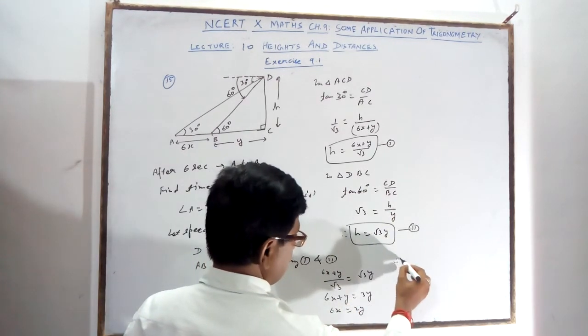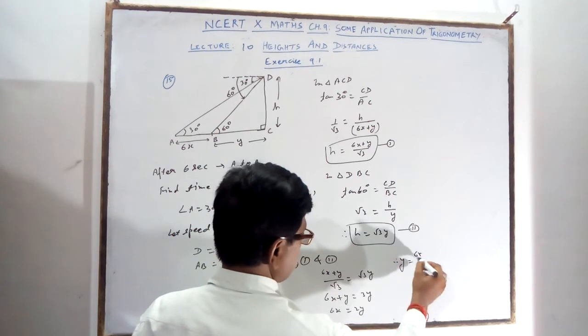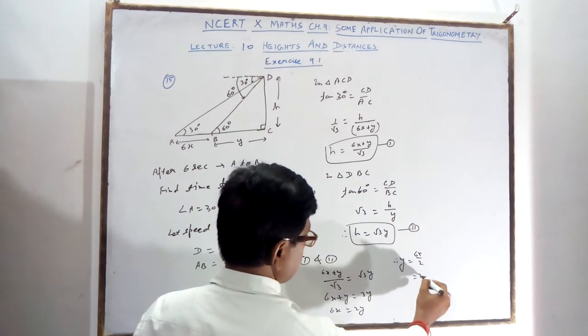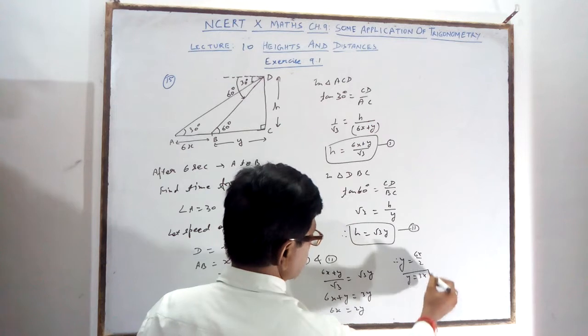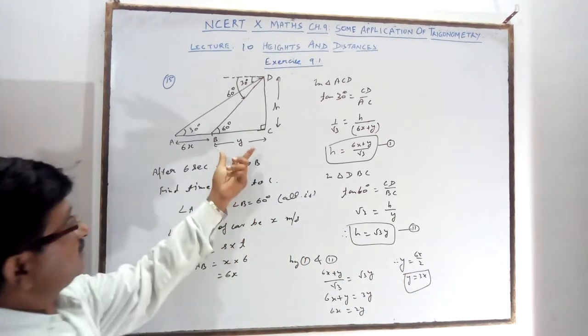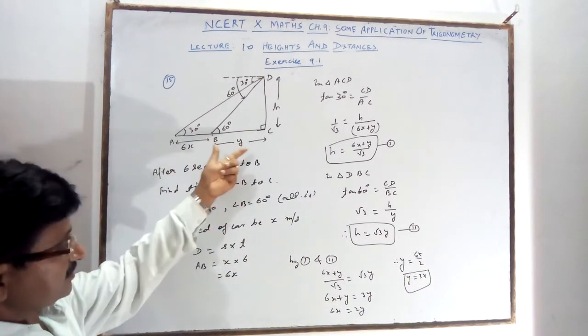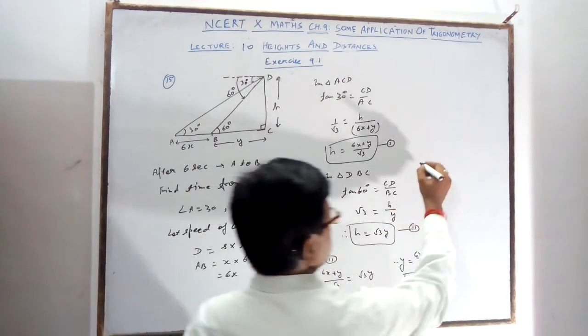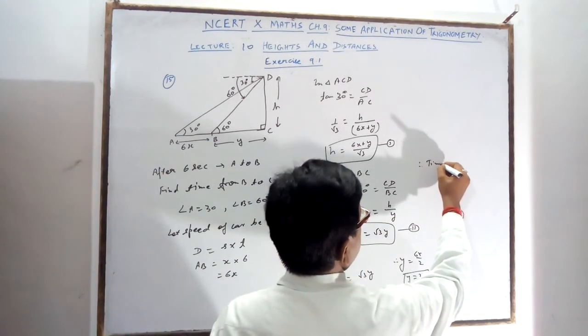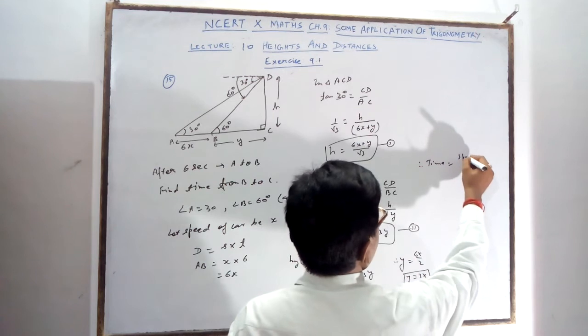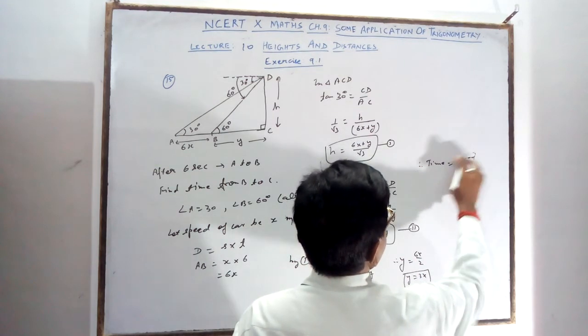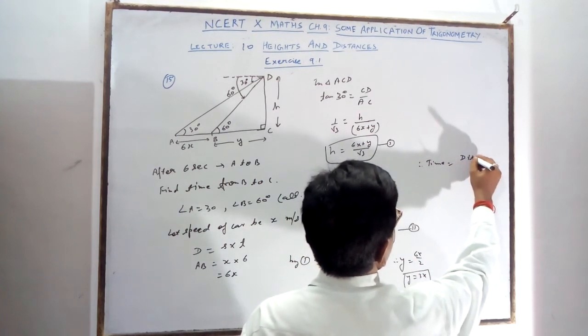So y is equal to 6x by 2, and you get 3x. So what is the distance left in terms of x? It is 3x. So time taken: time is equal to distance upon speed.